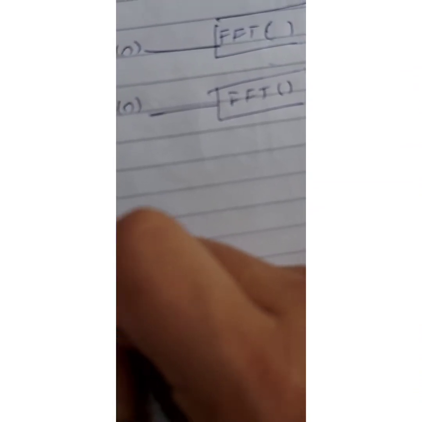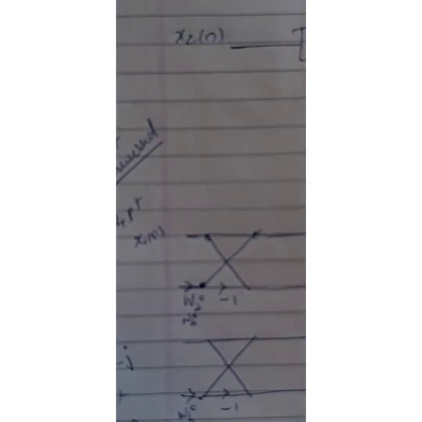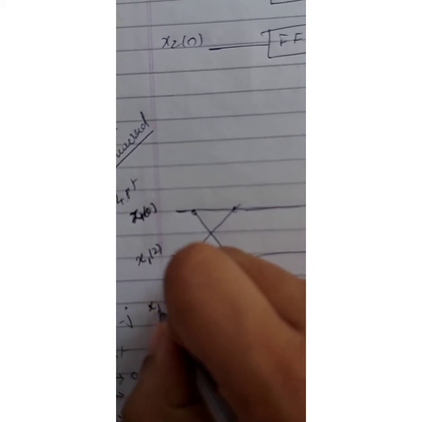So I write, that means I have to write x1 of 0, x1 of 2, and this is x1 of 1, this is x1 of 3.